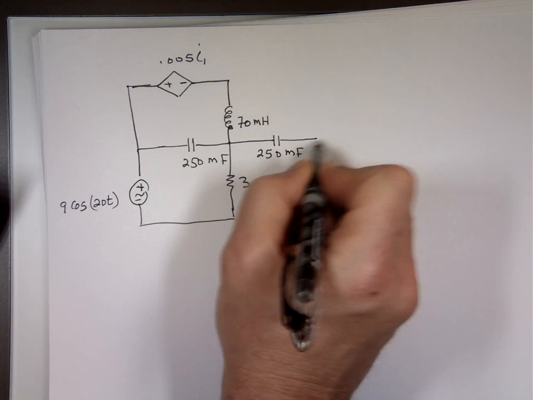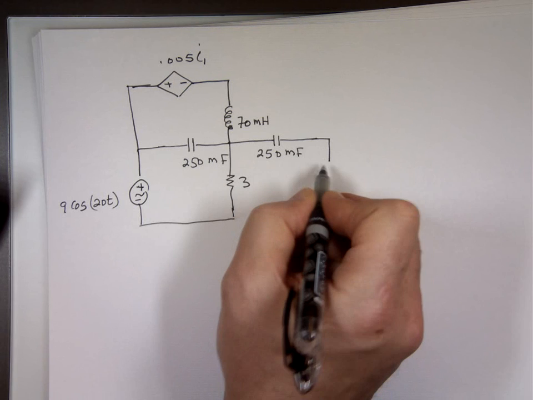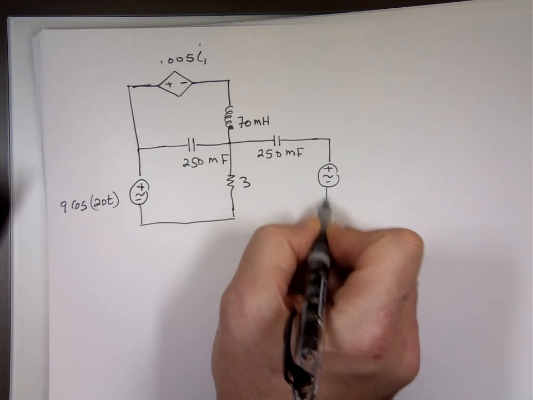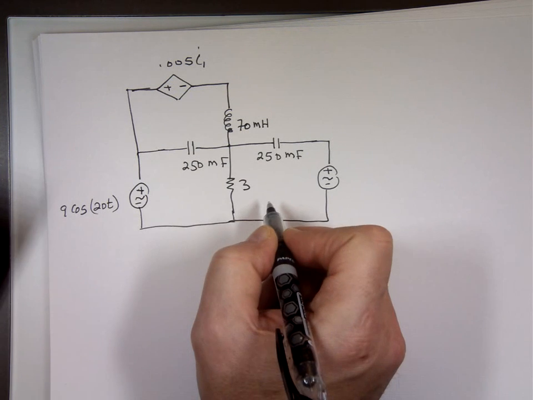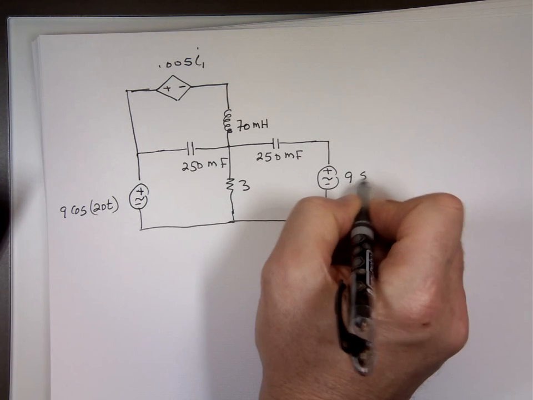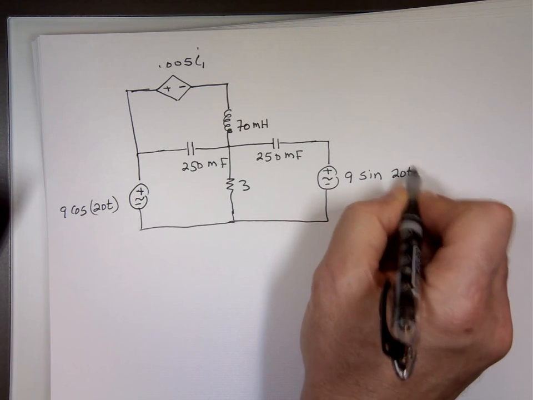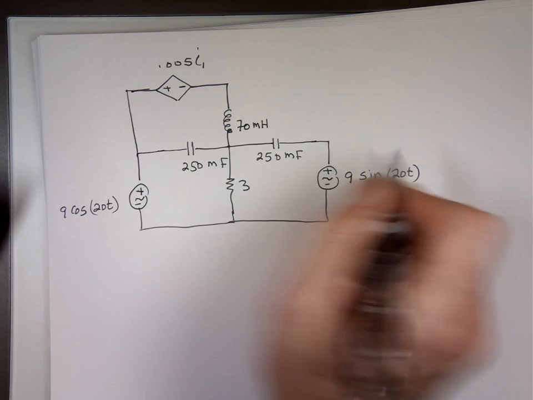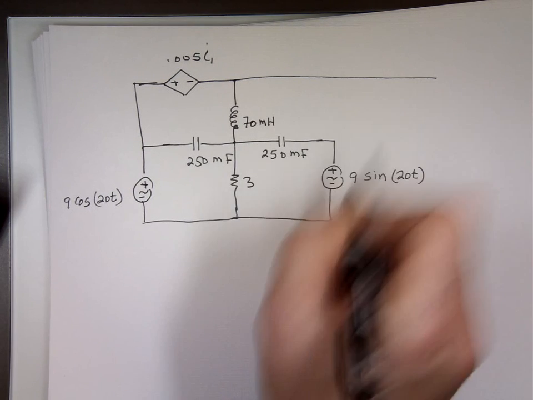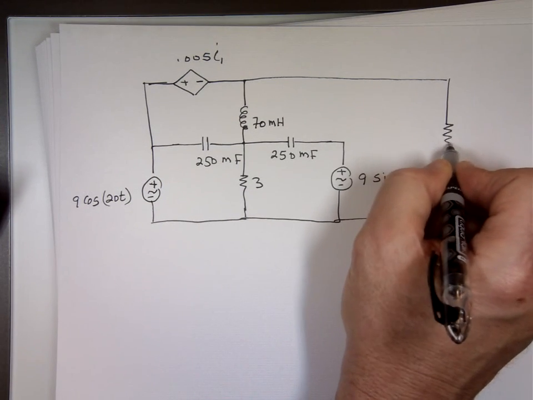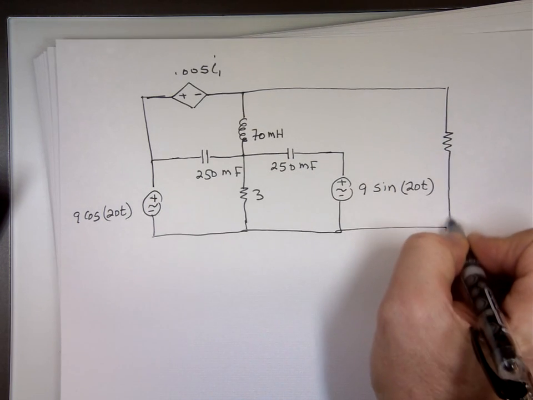Another voltage source here of 9 sine 20t, and it's 5 ohms.